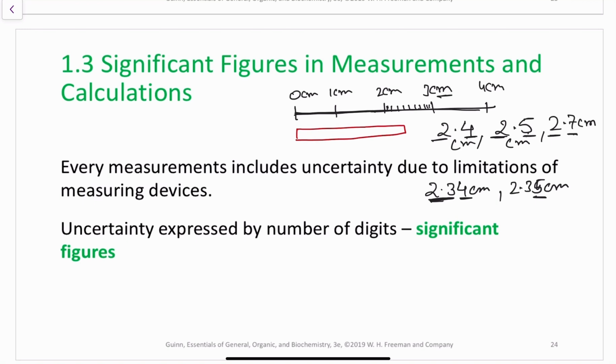So whenever you take a measurement, for example, let's say any random number, 5.34 centimeter, the last digit of that measured number is always an uncertain number, or an estimated number, you can say.